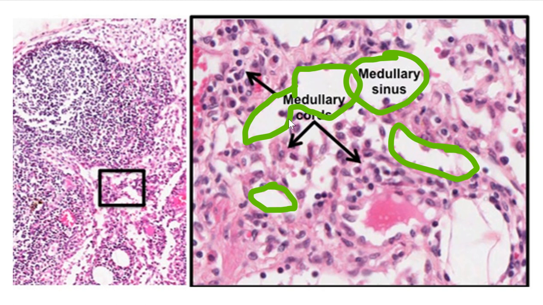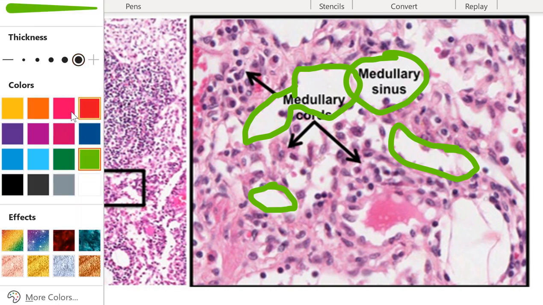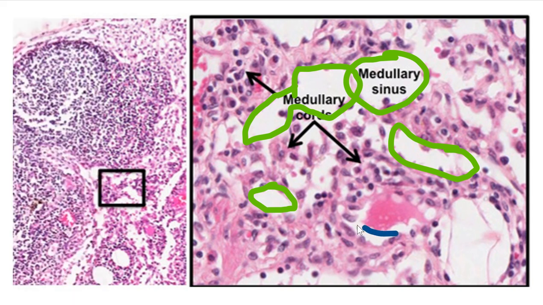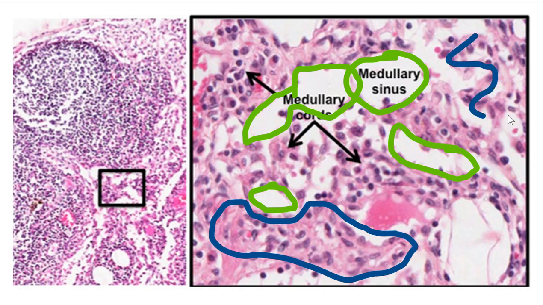And the things that surround the medullary sinus, where you have these lymphocytes, which are these little cells here, are the medullary cords. And I'm going to get another color here. Okay, so your medullary cord, here, and medullary cord.